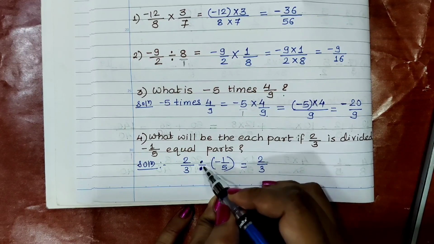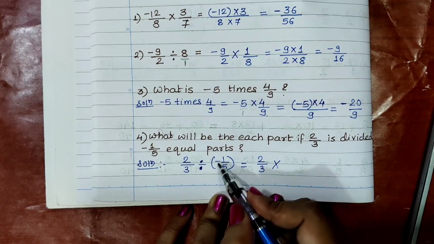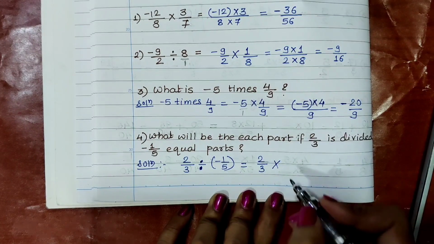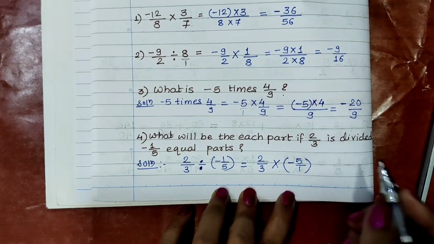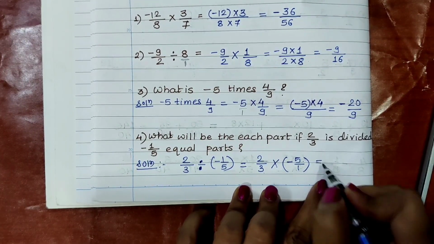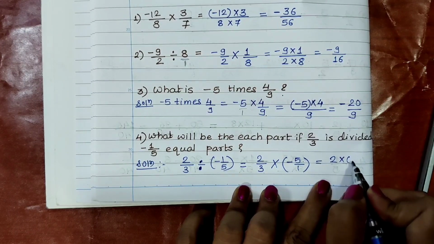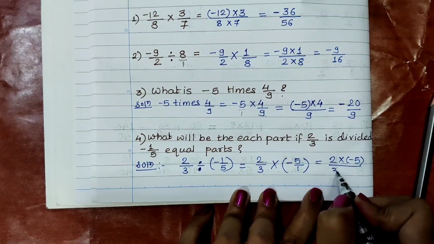So division we have to convert into multiplication, and minus 1 upon 5, its reciprocal will be minus 5 upon 1. Now solve. Numerator with numerator, denominator with denominator. So 2 multiplied by minus 5 and 3 multiplied by 1.